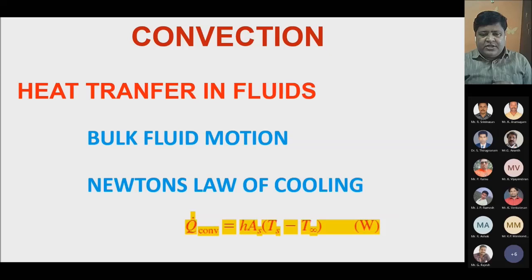Convection is given as h A_s (T_s minus T_infinity), and you can see the unit is watt because it is the rate of heat transfer we deal with and not the energy. So we have joule per second. Every second, how many joules of energy is convected to or from a surface is given by this Newton's law of cooling, where h is the heat transfer coefficient, whose unit is watt per meter square Kelvin.